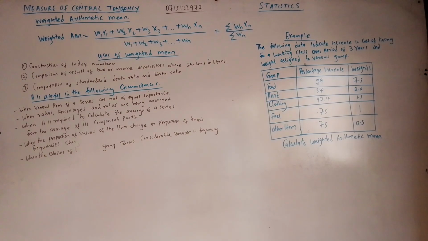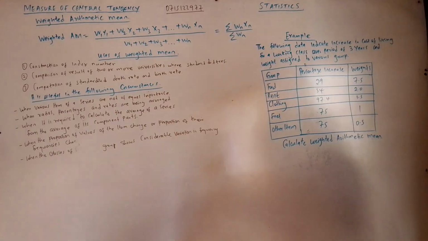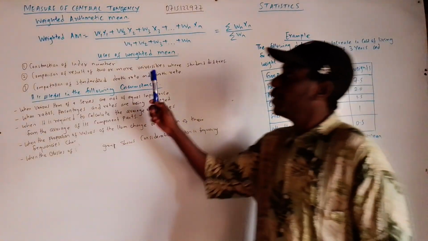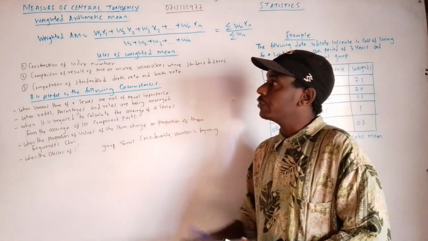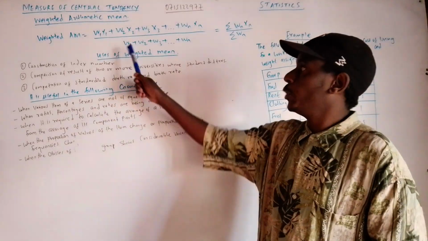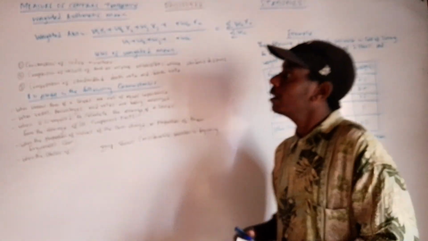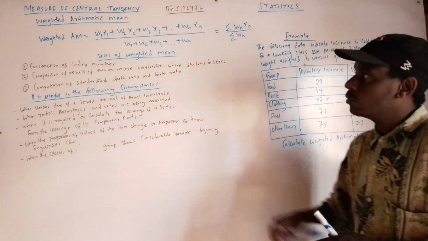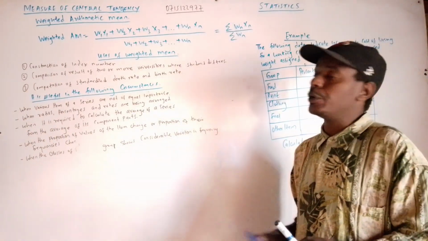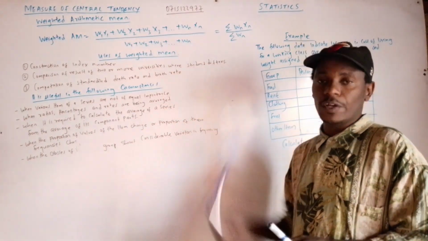So let us continue. When we talk about the weighted average, this is the formula. We take the weight, we multiply it with the number of items up to the nth weight and the number of items. Then we divide by the total weight.